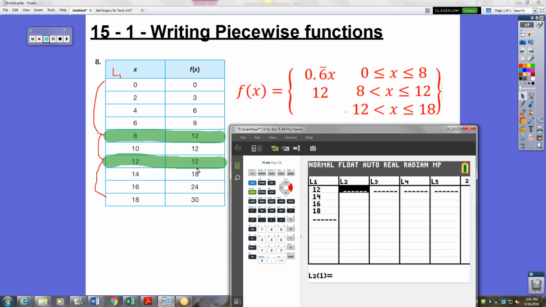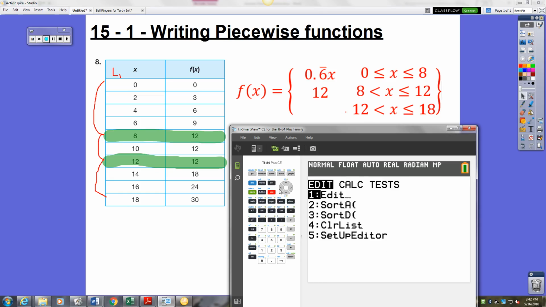Okay. Then 12, 18, 24, 30. So check over your data. Make sure you have it in L1 and L2.